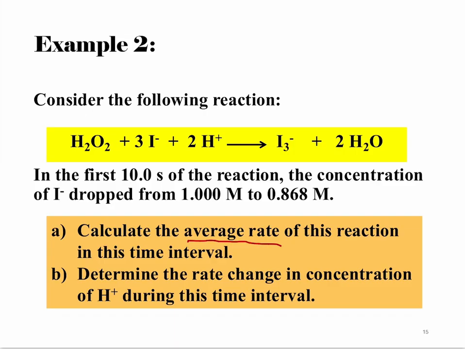So the average rate over this time interval is just the delta concentration of I minus divided by delta t. Right, so average rate is just another way of saying the instantaneous rate or the slope at that time, the slope between those 2 points.